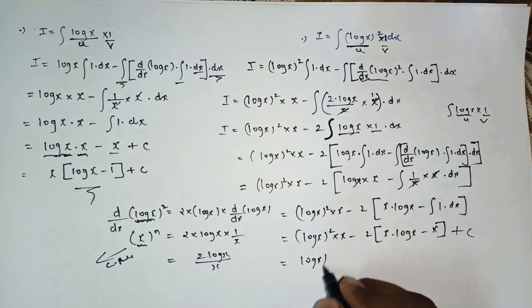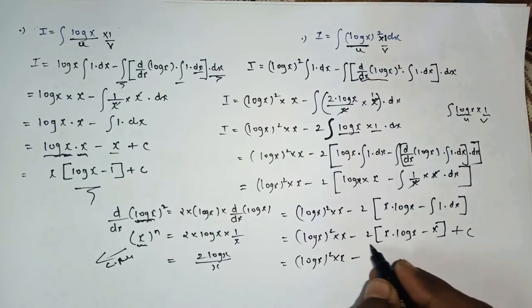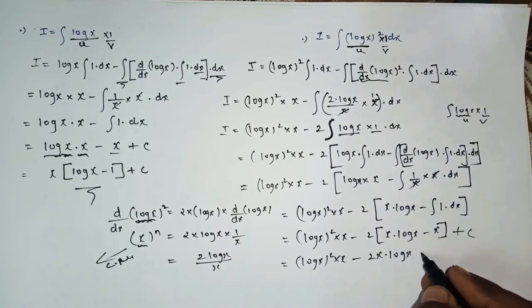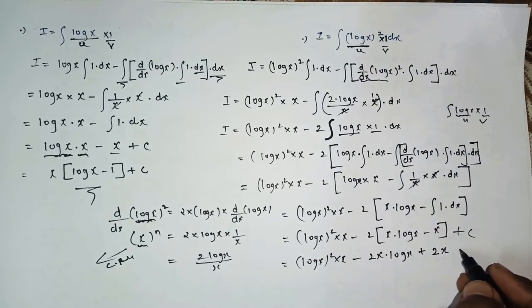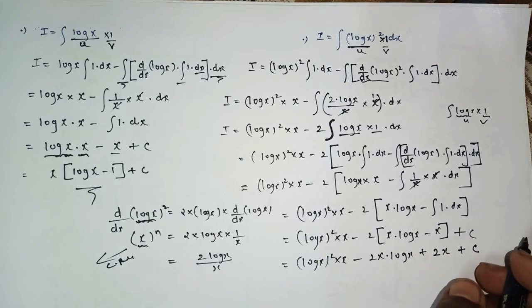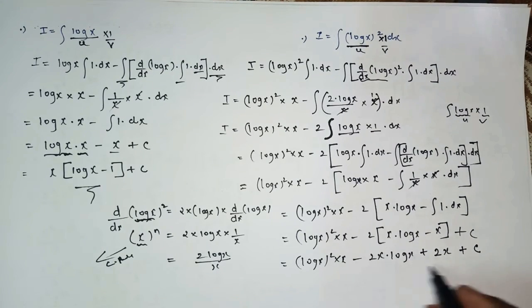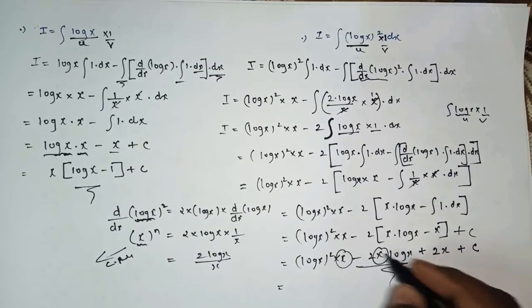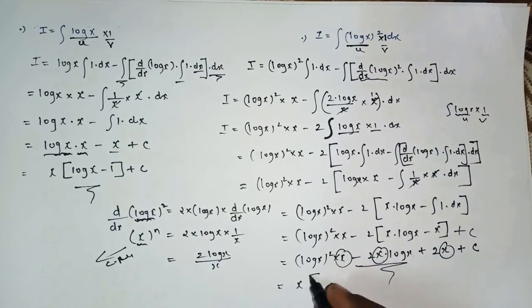So for the final adjustment, you can bracket open with this 2, minus minus plus 2x plus c. So that's the final answer. If you want, as clearly we can see that x is common, so you can bring x out also.